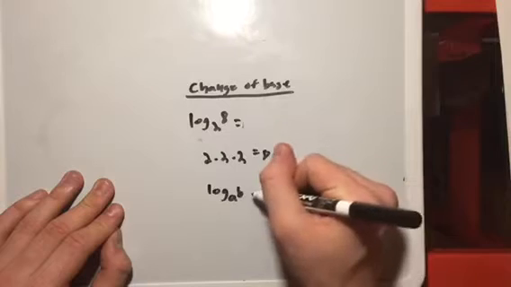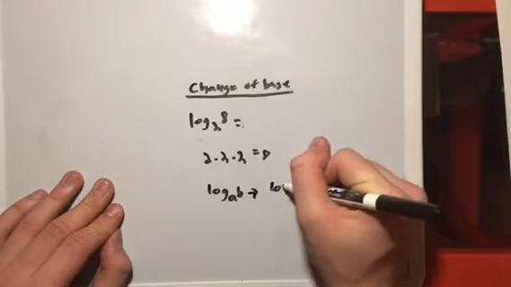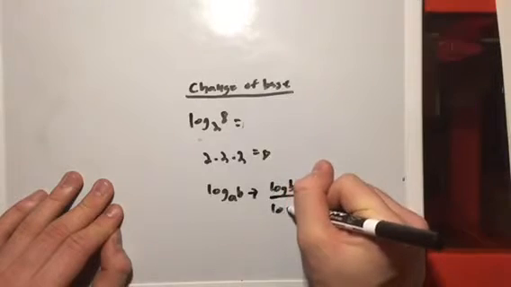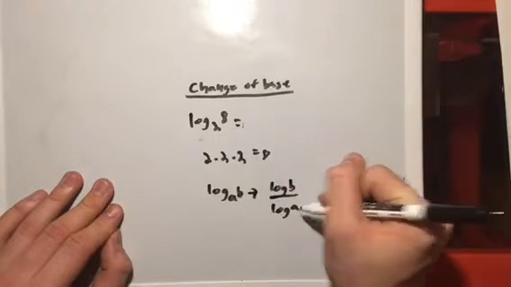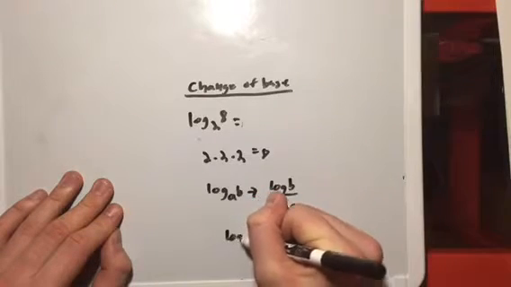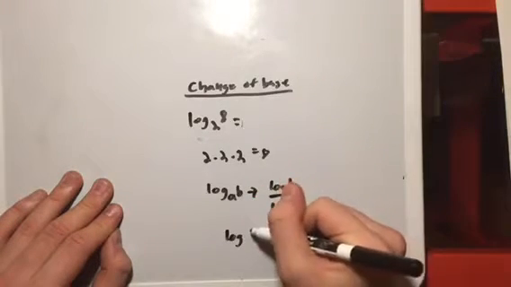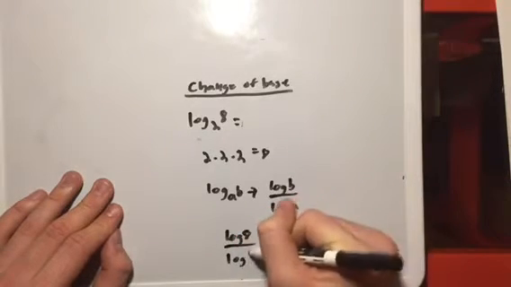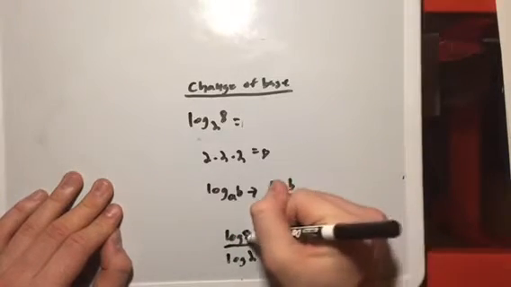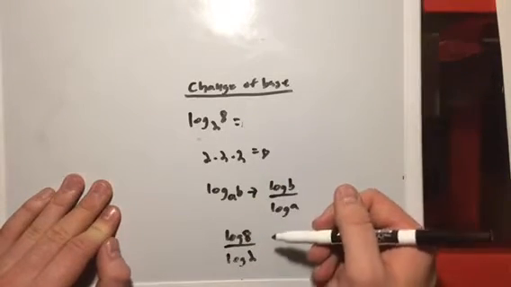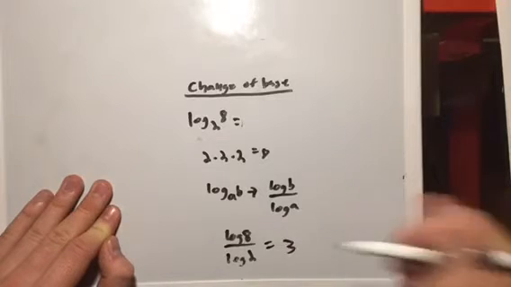This would become log B divided by log A. Now let's plug these numbers in. We would have log 8 divided by log 2. And we would plug log 8 and log 2 into our calculators and get 3.